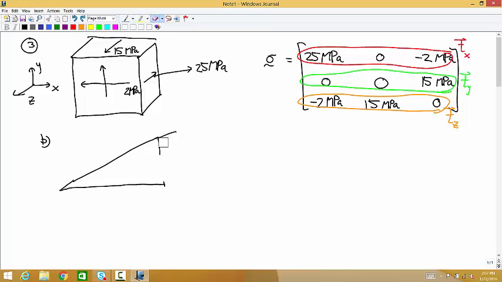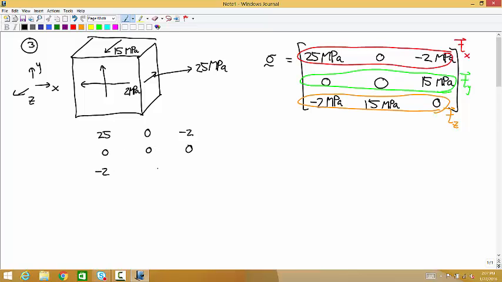Okay, let's do that. 25, 0... No, you don't have to. You would not! So 25, 0, negative 2, 0, 0, 0, negative 2, 15, 0.